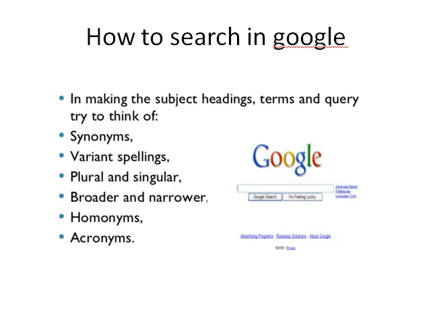Homonyms and acronyms. You must know the exact meaning of your research work and the opposite of your research work. If you know them, you can use many different keywords to search in Google.